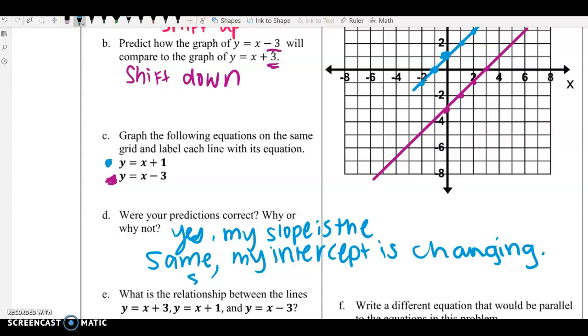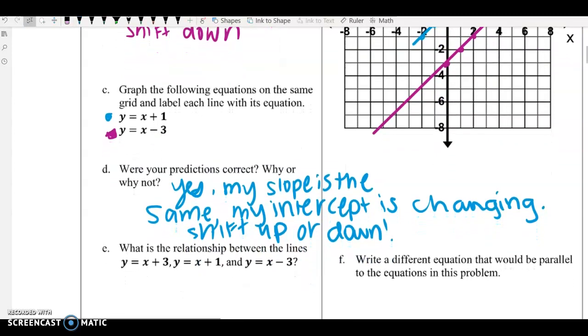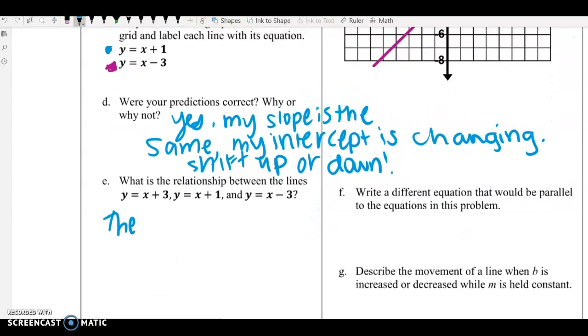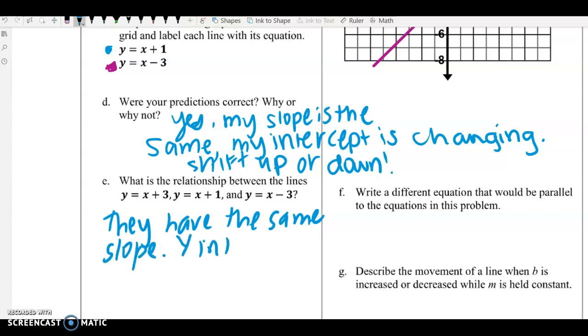So that's telling me I'm either shifting up or down. Okay. So what is the relationship between the lines? Well, the relationship, they have the same slope. They have the same steepness or slope. Y-intercept changes.